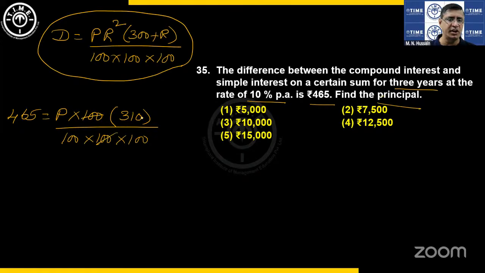So the 3 zeros in the numerator cancel with the 3 zeros in the denominator. 31 goes into 465 exactly 15 times. Now the value of P, 15 into 100 into 10, that is 15,000. Option 5. Choice 5 is the answer for this question.